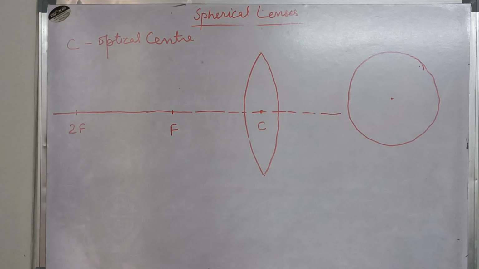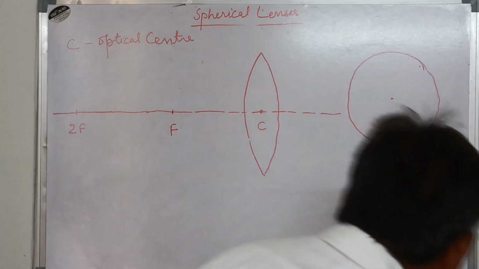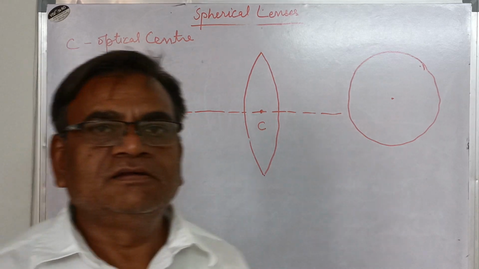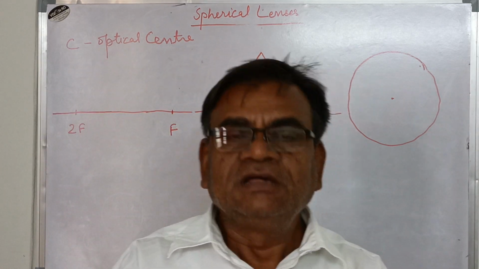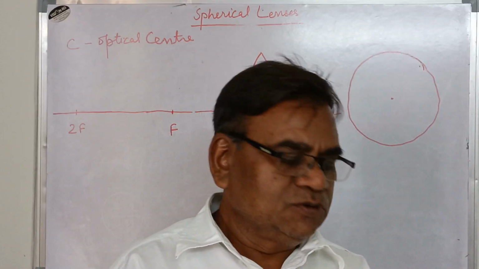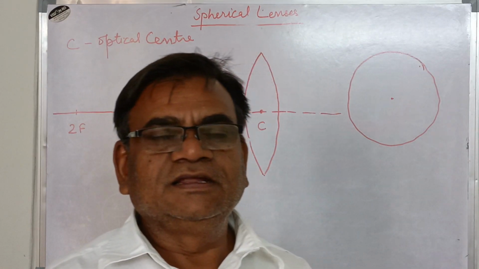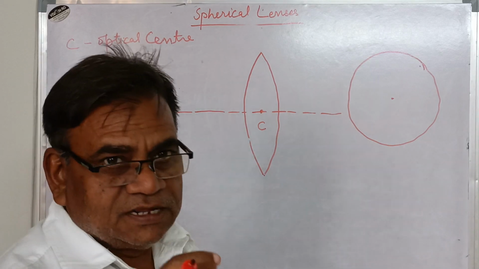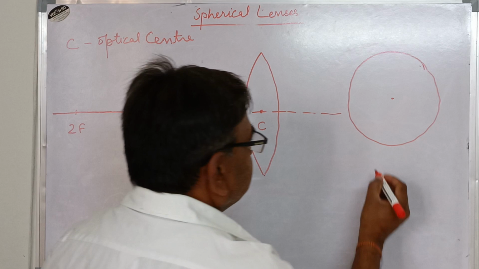Now, the example of a convex lens is the reading glass. You would have seen that palmists, who read the lines of the palm, use a round lens with a handle.